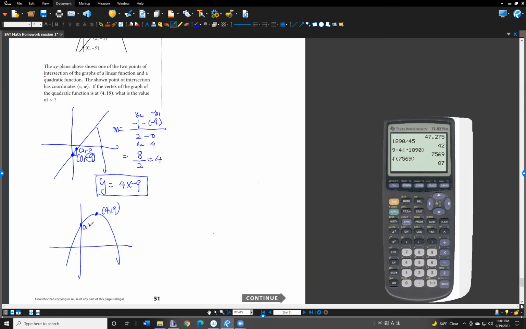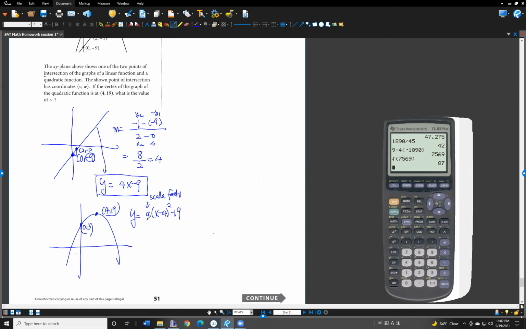What is the vertex form of this one? y equals a times, this a is the scale factor, and the vertex is 4 and 19. So (x minus 4) squared and minus 19. This is the vertex form, which has the vertex at 4 and 19.